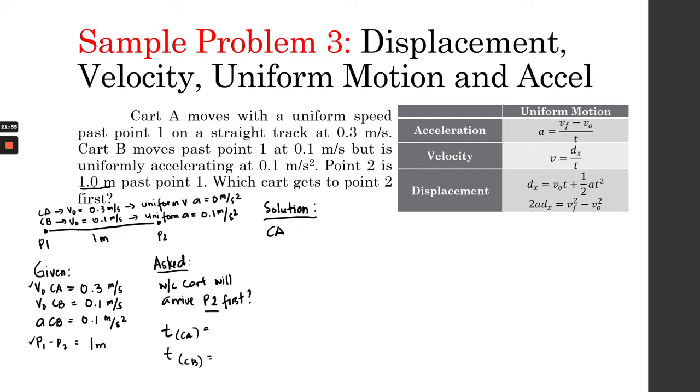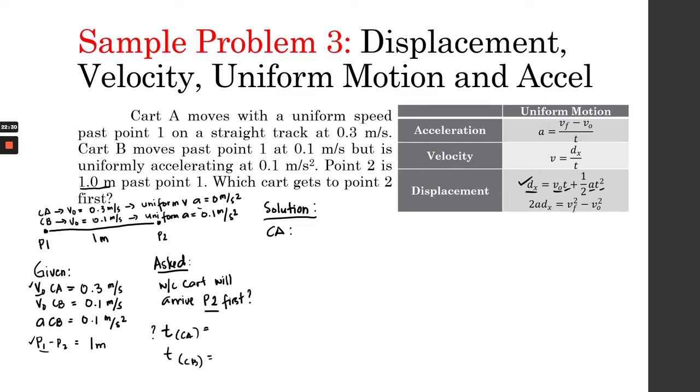Since we are looking for time, they gave us the initial velocity, they gave us the distance they traveled, and we were able to assume the acceleration of cart A. Using all the information given, we will use this equation because it has the displacement, the initial velocity, the time, as well as the acceleration.